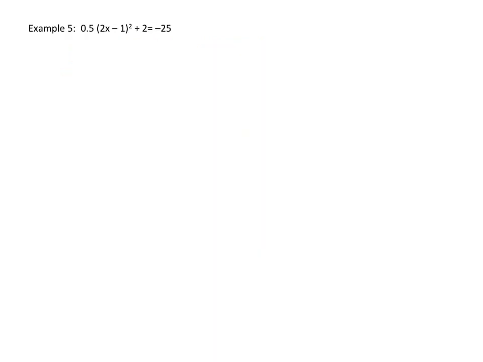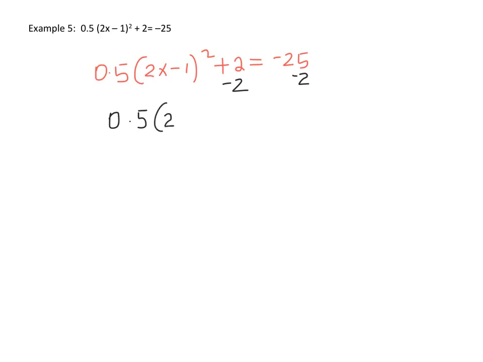The next example, so here I have 0.5 times 2x minus 1 squared plus 2 equals negative 25. So we need to isolate the square. Let's start by subtracting 2 from both sides. So what do we get? 0.5 times 2x minus 1 squared is equal to negative 27.